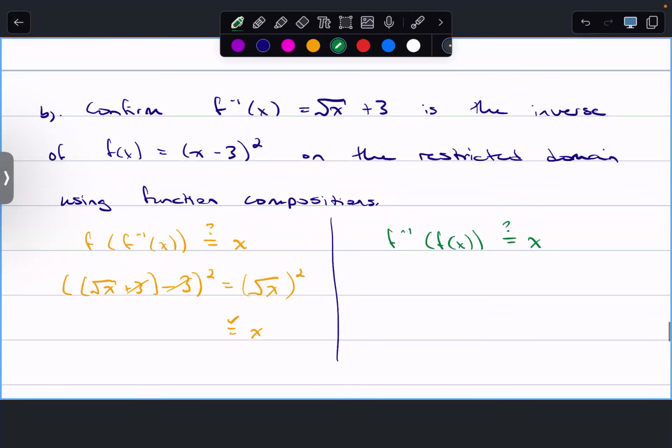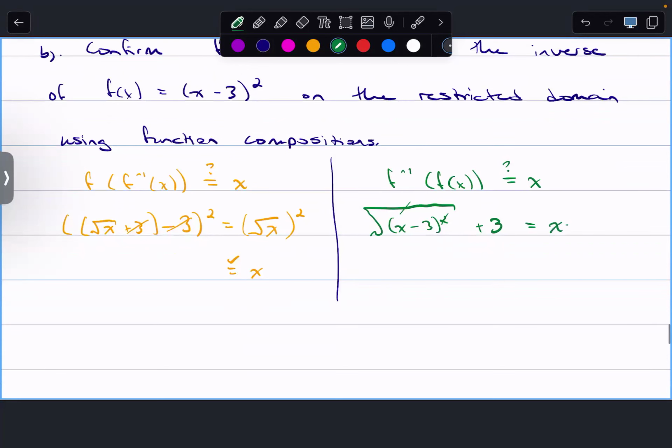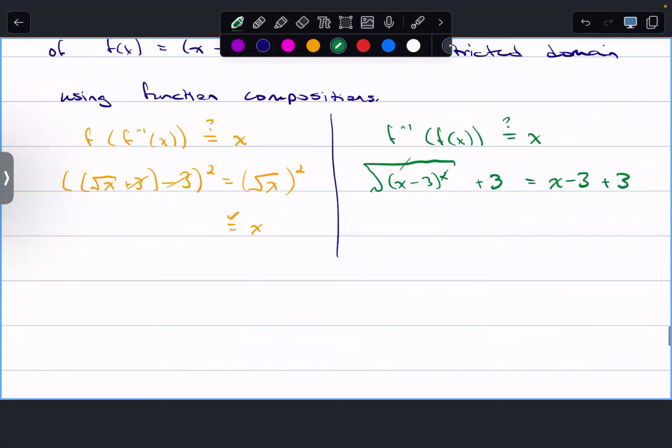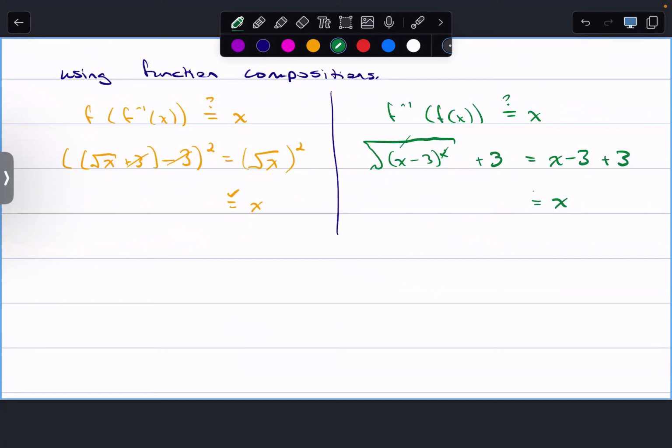Okay, what if we stuff the original function into the inverse? So now I have the root of x minus 3 squared, plus 3. The root of x minus 3 squared, well, the root is going to cancel with the square, and so I'm left with x minus 3 plus 3, which equals x.